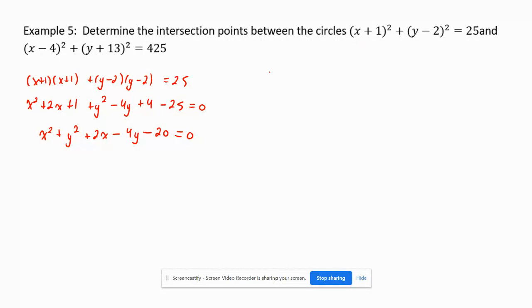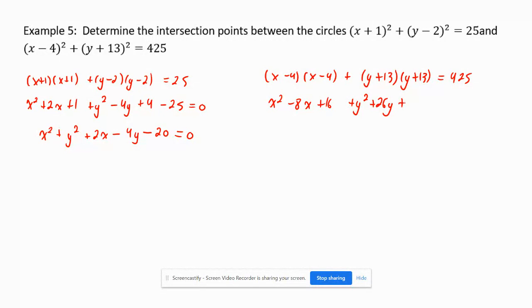Let's do the same thing for the second equation. All right, guys, that was pretty quick, but I just expanded out those binomials.